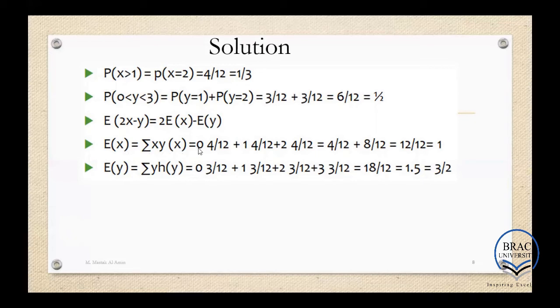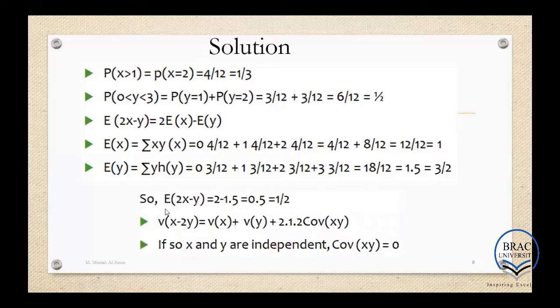When x equals 0, the marginal probability is 4 over 12. When x equals 1, the marginal probability is 4 over 12. When x equals 2, the marginal probability is 4 over 12. So this way the expected value of x is 1. Similarly, we can calculate the value for y. The expected value of y is 3 over 2. So finally, the expected value of twice x minus y is half.